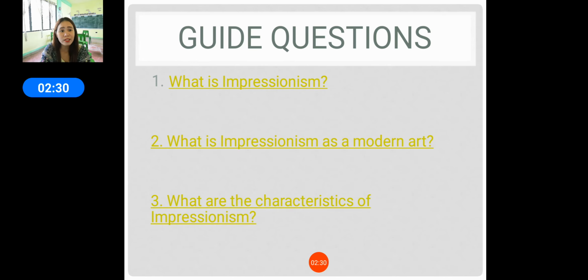And also, what are the characteristics of Impressionism? Impressionism has its own characteristics so that we can detect or classify if that particular kind of painting is an Impressionism painting or modern art.